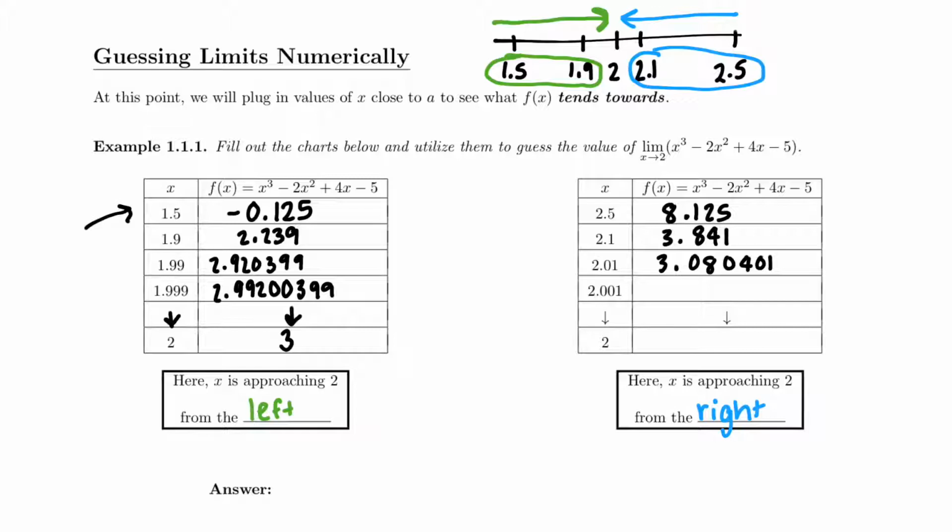We plug in 2.001, and you get 3.008004001. If you keep on plugging in numbers that are closer and closer to 2, once again going in this direction, it looks like we're getting closer and closer to 3.